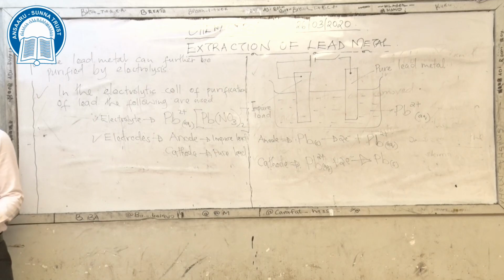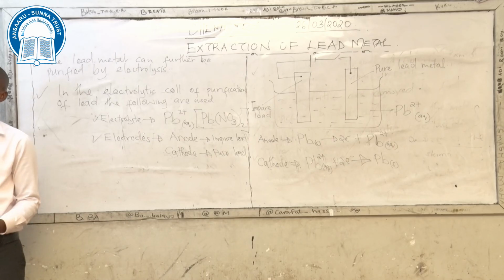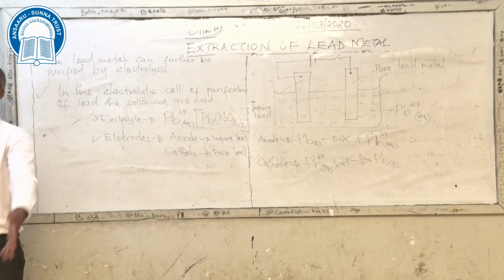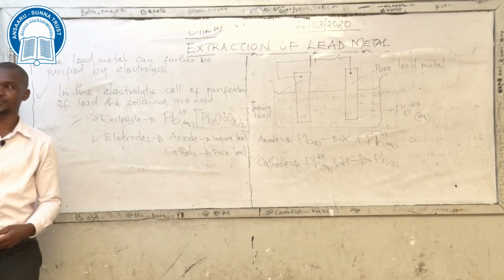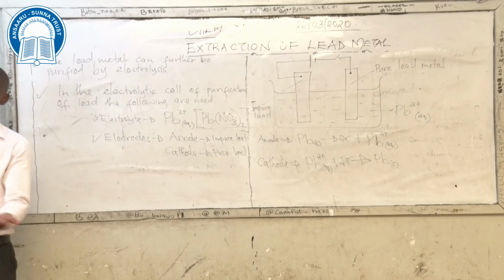So just to recap and to summarize, we have said the chief ore for extraction of lead is galena. What is first done to the ore is that the ore is concentrated. One process involves using a magnet, removing the magnetic materials from the ore, after which the ore is washed using suitable detergents and water, after which the ore is again mixed with oil and water in order to concentrate it.